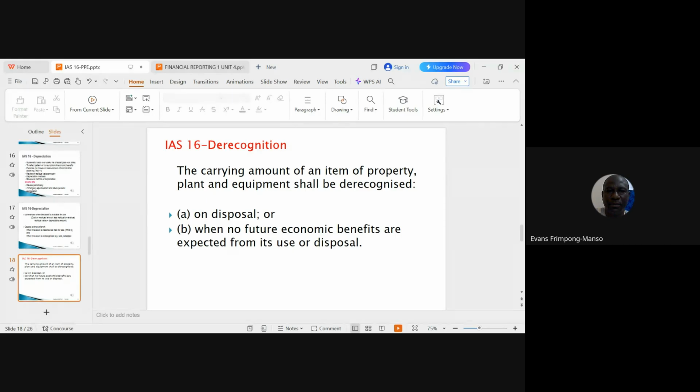Or when no future economic benefits are expected from the use or the disposal of the asset. In that case, there's no point maintaining the assets on the face of the financial statement. So we say that you have de-recognized the assets from the financial statement.